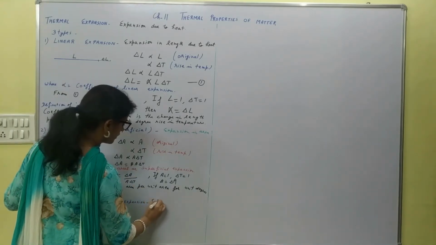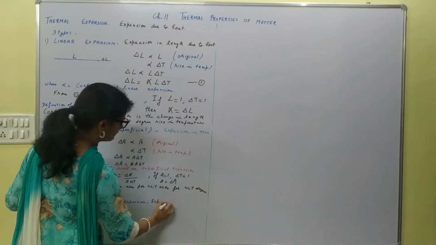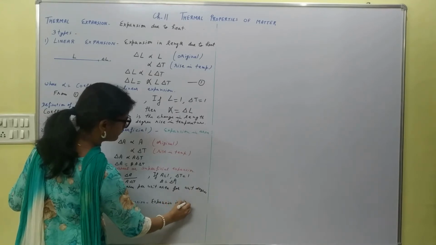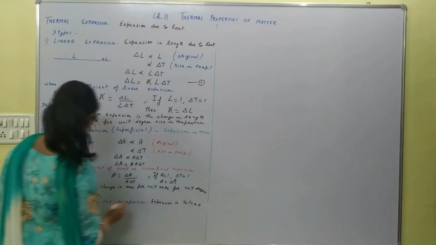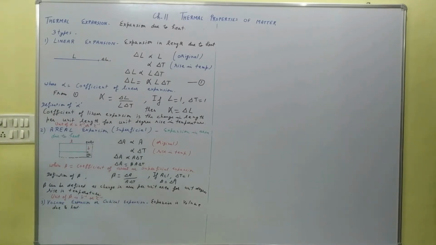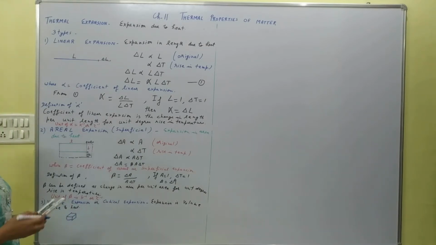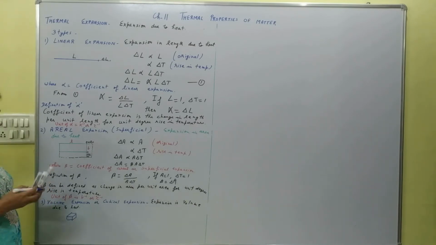Expansion in volume due to heat. Right? So if we consider a body having L, B, H, length, breadth and height, then obviously there will be a change in length, change in breadth and change in height. So that's why there will be a volume change overall.